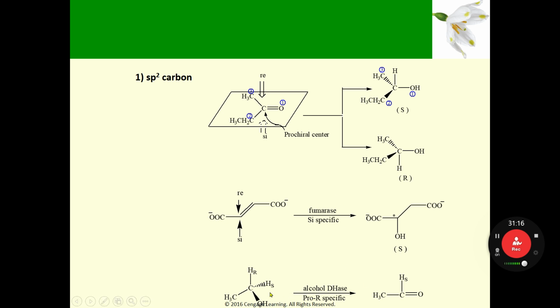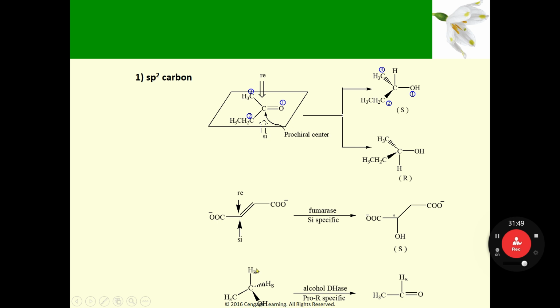For an alcohol dehydrogenase, we have CH2, and this carbon is not chiral, right? However, we can define these two hydrogens as pro-R or pro-S. The way to define it is, if you have a methylene hydrogen here, you distinguish one of them by substituting it with deuterium.